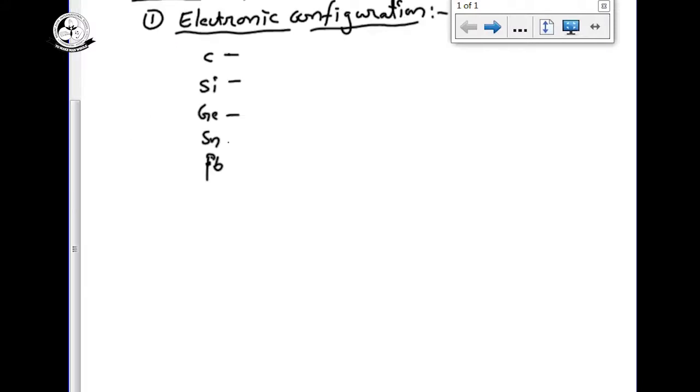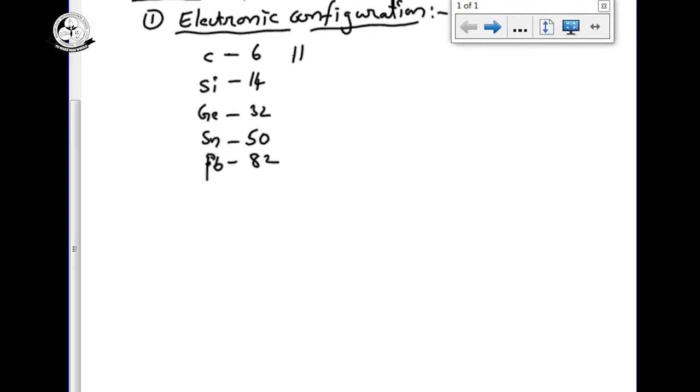Carbon atomic number 6, silicon 14, germanium 32, tin 50 and lead is 82.